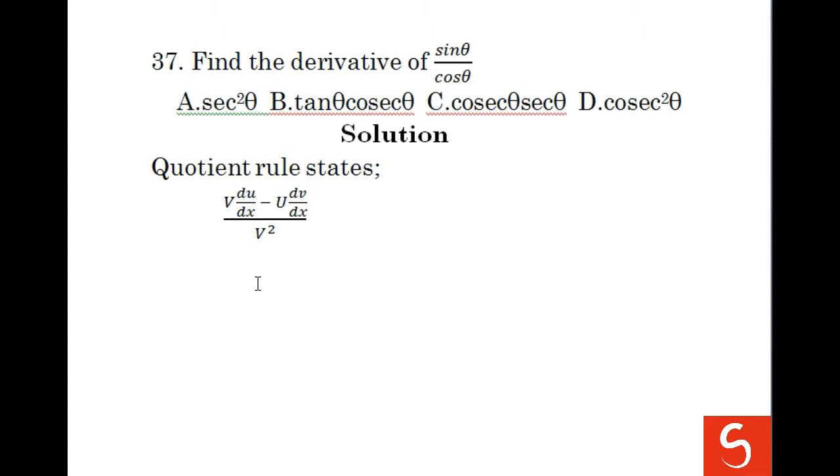One other important thing to note here is that we should really have a good grasp of the reciprocal trig functions.